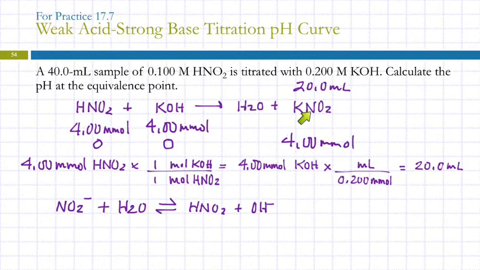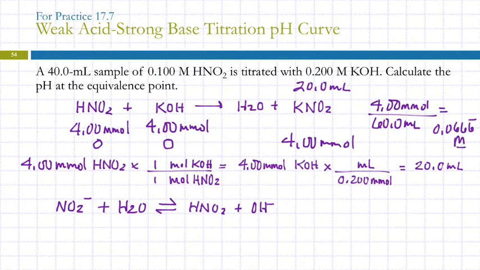I've got 4 millimoles of that. And the concentration depends on the total volume. The total volume is 40 plus 20, 60 milliliters. So 4 divided by 60. 0.06666.